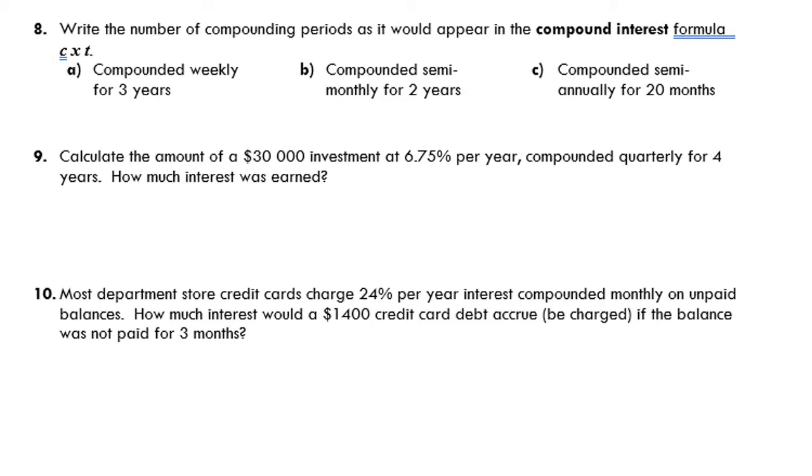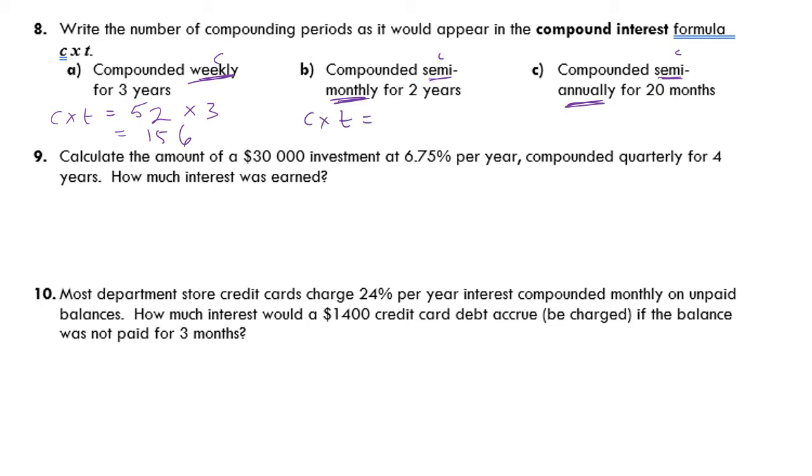Next warm-up, write the number of compounding periods as it would appear in the compound interest formula, so C times T. So weekly, semi-monthly, semi-annually, those are all your C values. So weekly, 52 times 3 years, 52 times 3, 156.